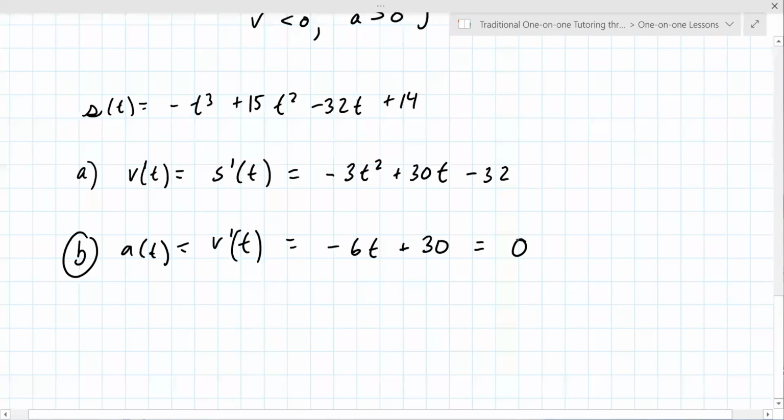Okay. All right. So when is the particle at rest? Like with C, you have to know what they're asking. They're asking for velocity being 0. So when is velocity 0?